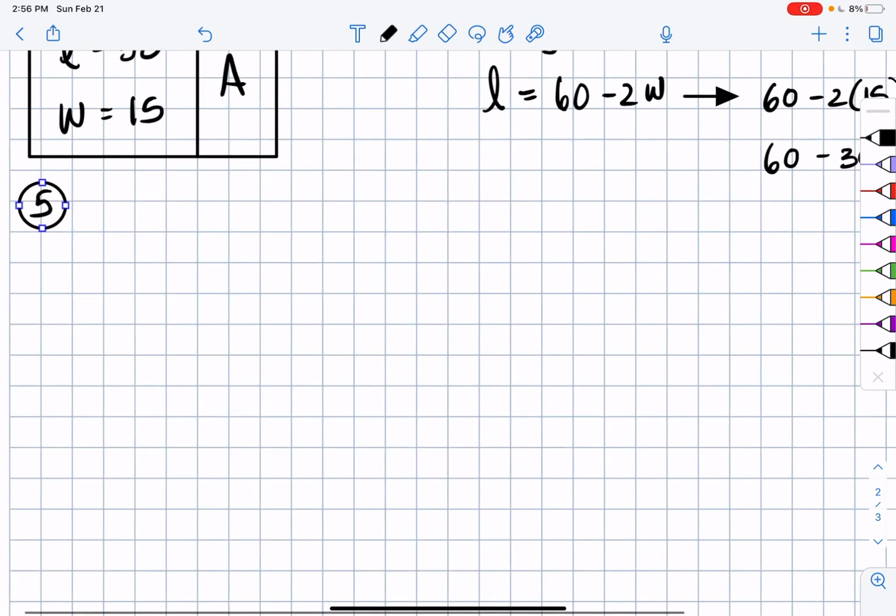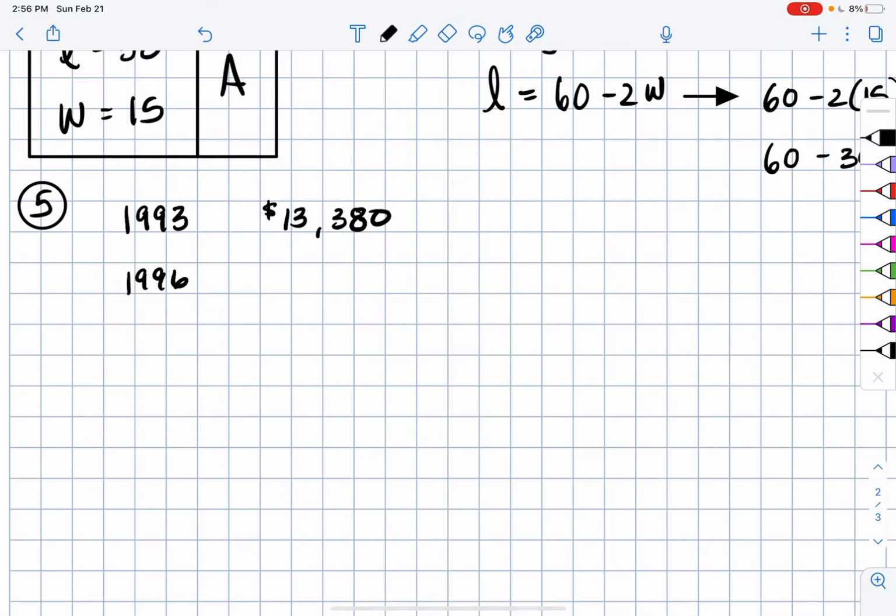Okay, so let's start something here. So 1993, it was $13,380, and at 1996 it was now $4,740.